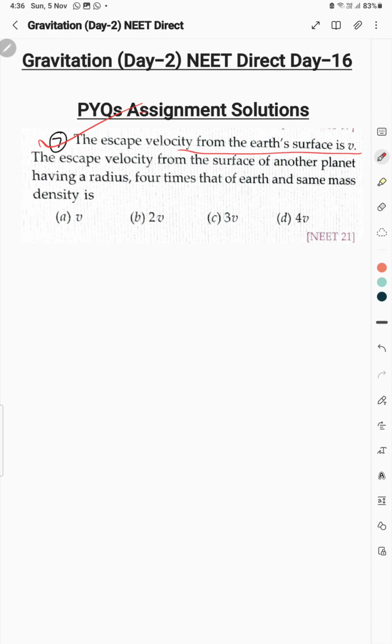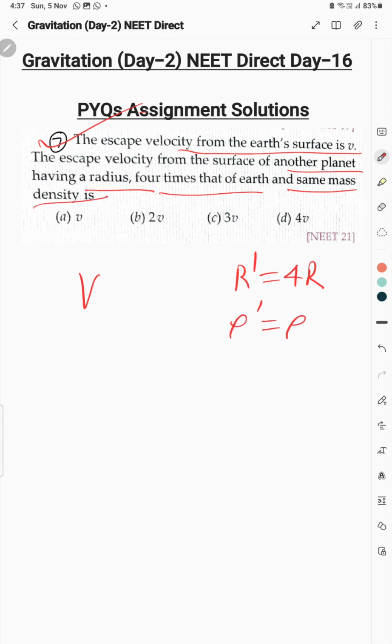All right. Okay, now let's move on to question 7. Escape velocity from Earth's surface is V. Escape velocity from the surface of another planet having its radius 4 times that of Earth, and the same mass density, that is rho prime and rho are the same. You have to find the escape velocity for that planet. Well, as you know, the formula for escape velocity is a standard expression which involves the value of the radius and the density of a planet.